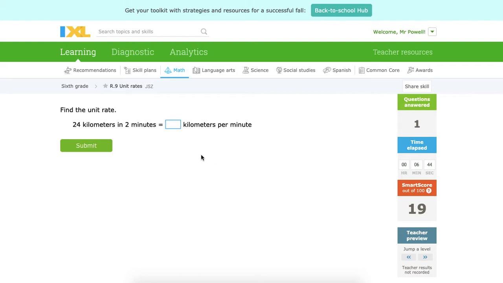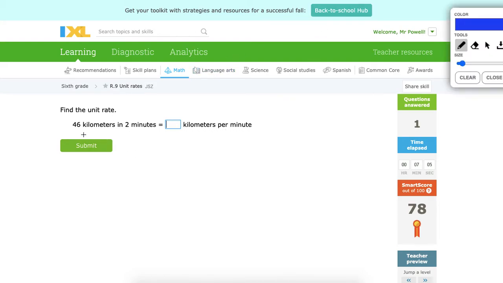Okay, so these are going to be kilometers per minute. So it'd be 24 divided by 2. Let's jump up to some of the more challenging ones up here. This is another kilometers per minute, so we want our answer in kilometers per minute. That is simply 46 divided by 2.